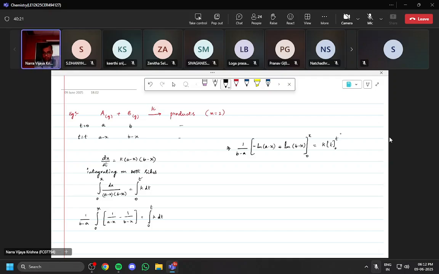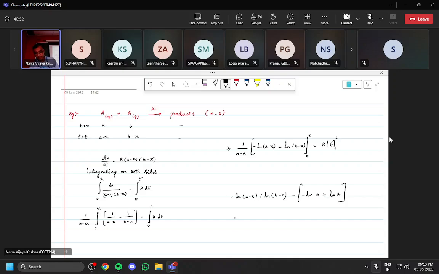Correct? Now upper limit minus lower limit. If I substitute the upper limit, it becomes a minus x. When I substitute the lower limit, it becomes a. Same way here, b minus x, minus b. So what do you write? Minus ln(a minus x) plus ln(b minus x). Upper limit substituted. Minus, when I substitute the lower limit, it becomes minus ln a plus ln b.